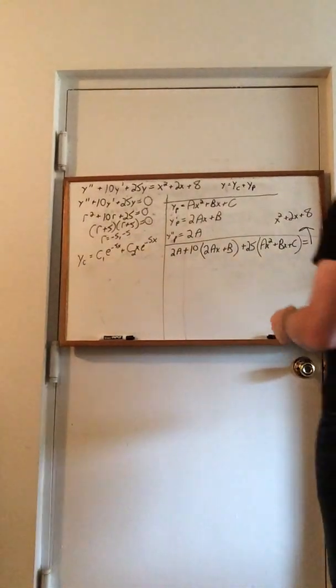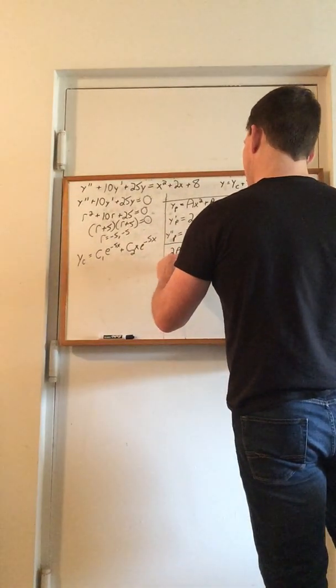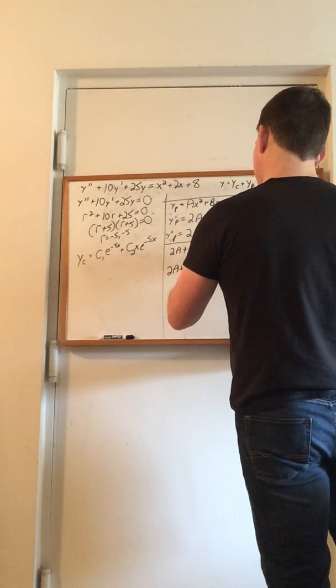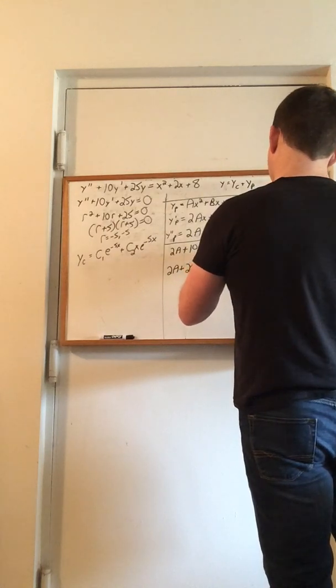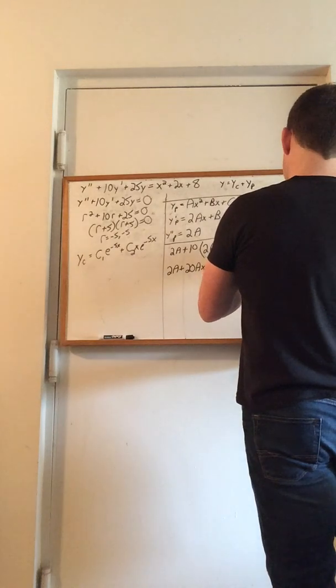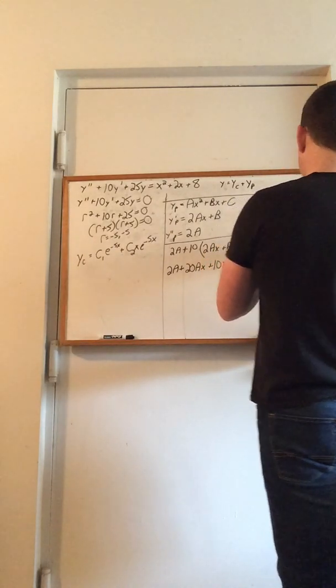Now I combine, distribute, simplify, and I get 2a plus 20ax plus 10b plus 25ax squared plus 25bx plus 25c equals that.